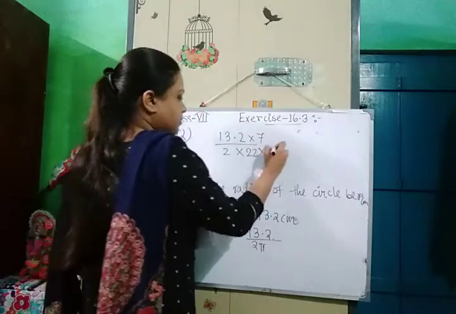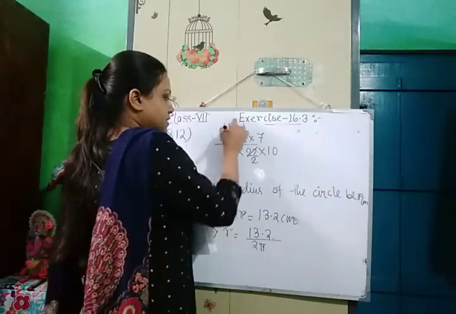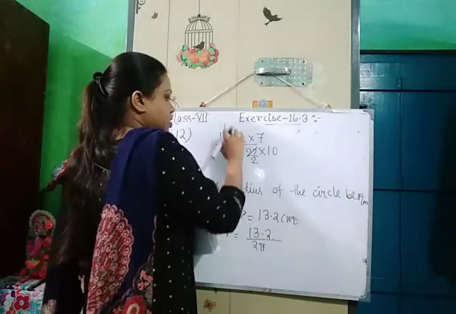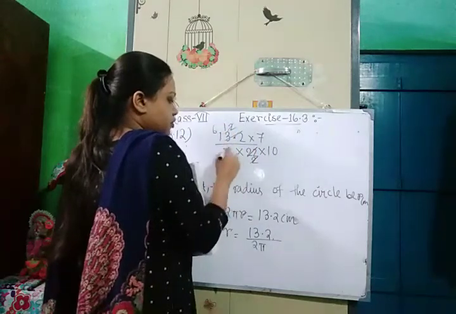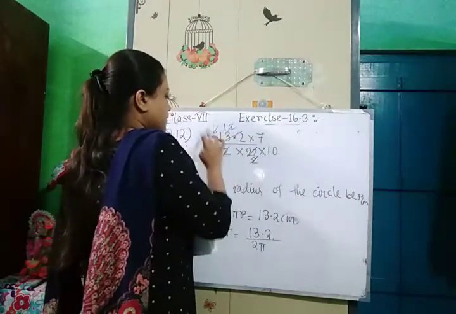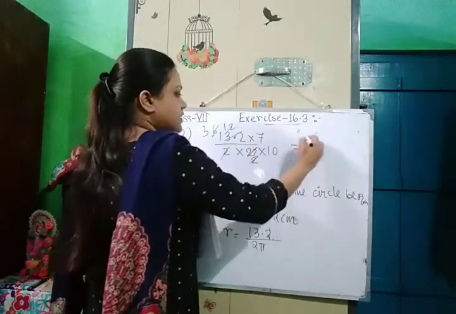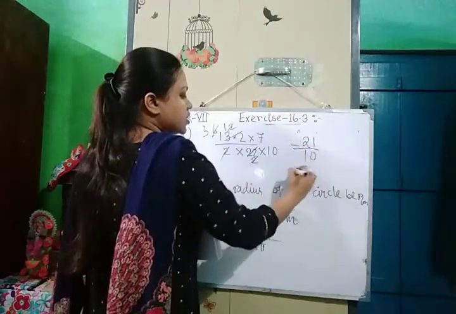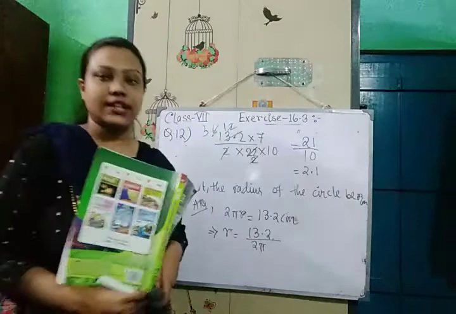So we will omit that point from here. 11 2s are 22, 11 12s are 132. 2 1s are 2, 2 6s are 12, 2 1s are 2, 2 3s are 6. 3 here. Now it's 7 3s are 21 by 10, it's 2.1 centimeter is the radius of the circle.